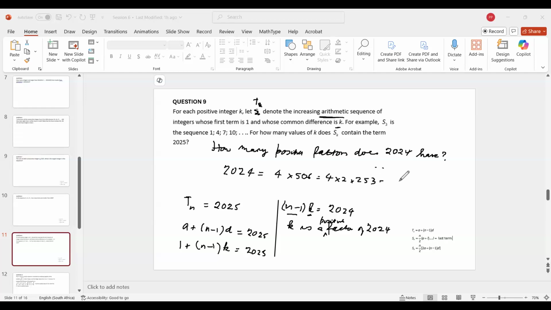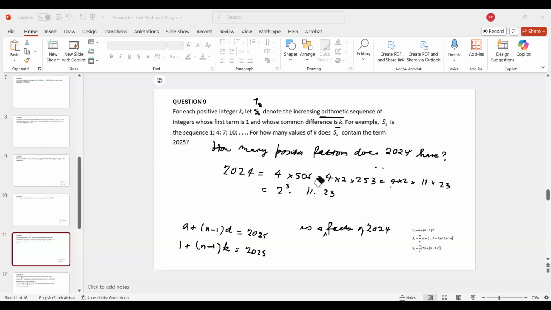It's not easy to see, but you can get to 11. So it's 11 times 23. If you write it as powers, it's 2 cubed, because you get 8, multiplied by 11 multiplied by 23. And that is the factorization of 2024.